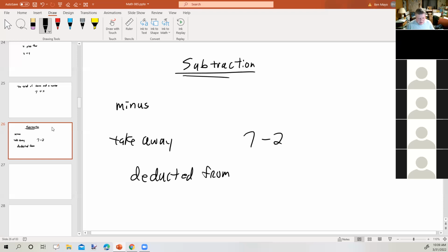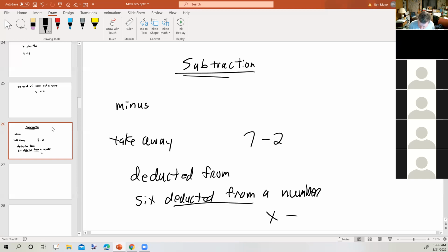Or no, let's keep with positive numbers. Let's say, how about this? 6 is deducted from a number. So deducted from means we're starting with the number and then we're deducting 6 from the number.